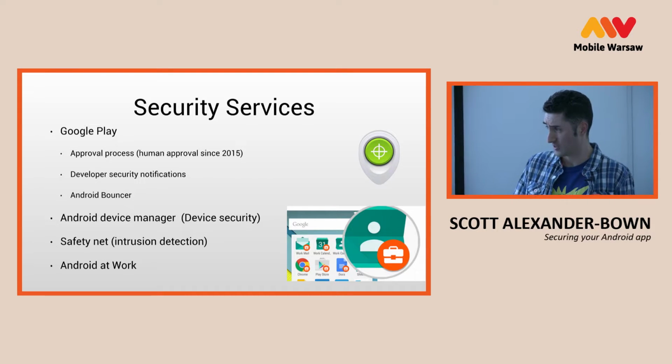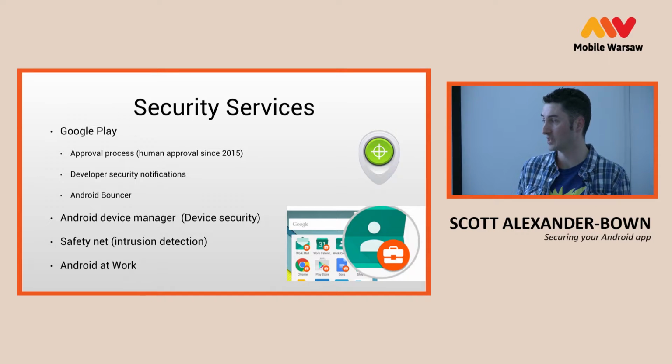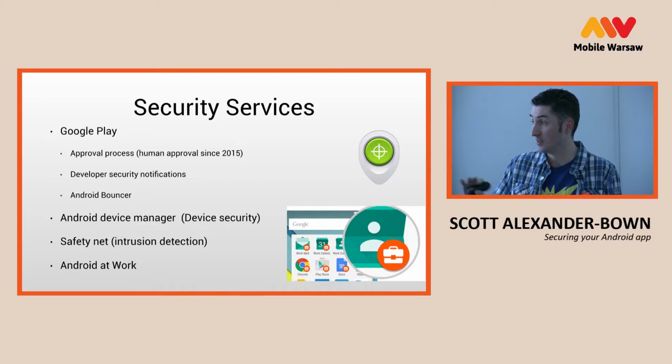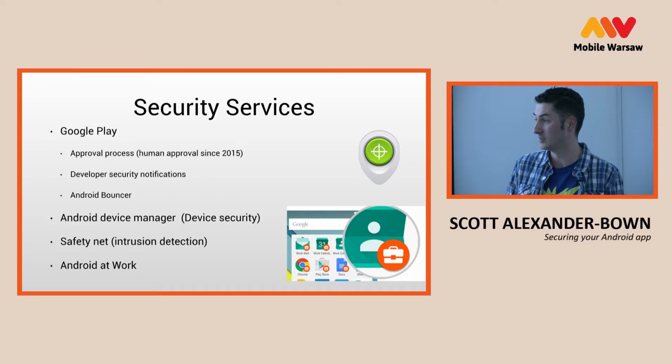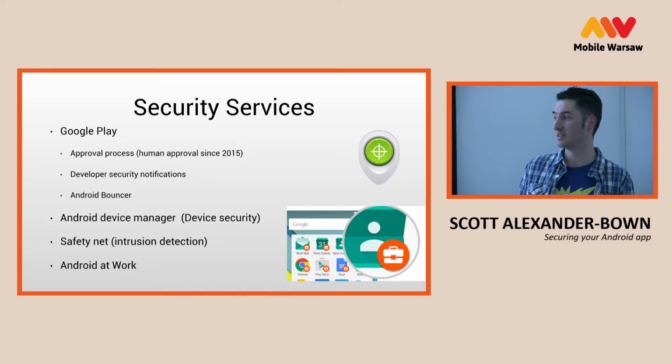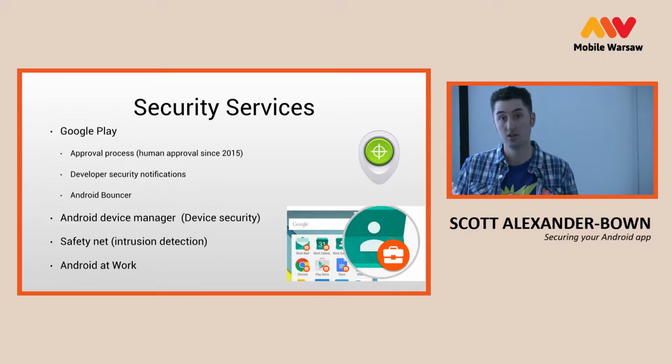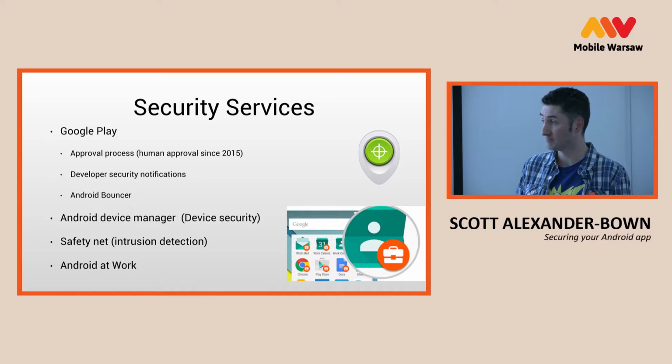It's all anonymized, but it's a way of them detecting what they call potentially harmful apps. So it's not necessarily specific malware, but it could be something that's leaking data or stealing information.